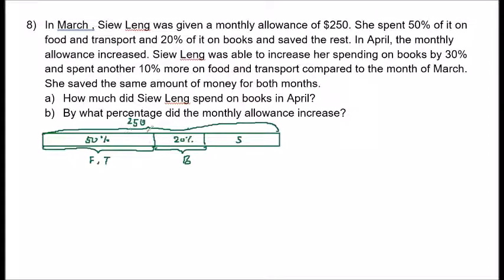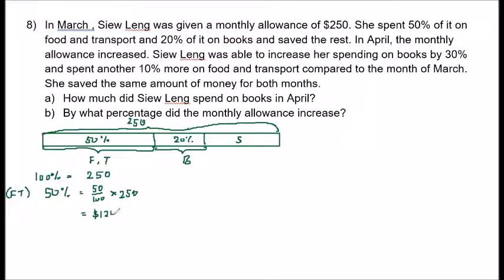Okay, so guys, I want to calculate how much is spent on the food and transport and also the books. So what we can say is that 100% will be $250. So if you want to find the food and transport, that would be 50%. 50% will be bottom over top times the side.